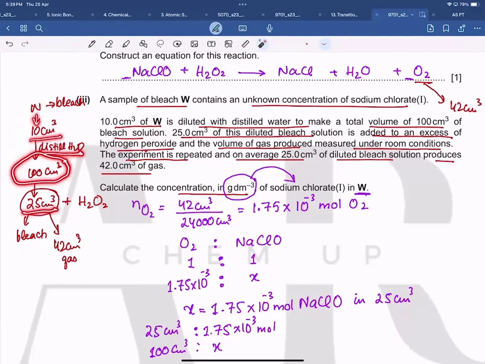Now the 100 cm³ is diluted and we take out this 25 cm³ of the bleach and we mix it with the hydrogen peroxide. In this reaction, we got 42 cm³ of a gas, and the gas is this. They just made us write the equation in the previous part. So there is only one gas. It means they are referring to the volume of the oxygen only, which is 42 cm³. So, yes, Banin, did you understand this thing?